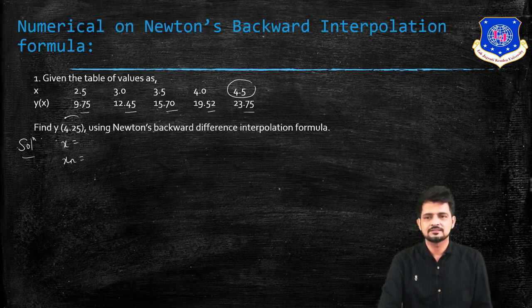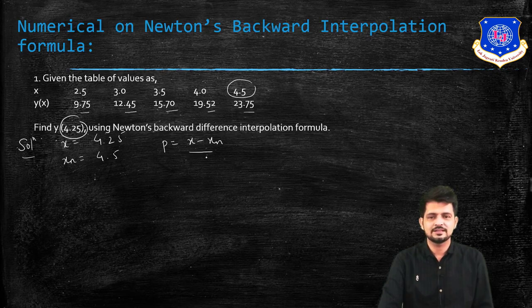Right? First of all, we are writing here x and xn. What is our x? See, 4.25 is our x, and xn is the last value of x, so this is my xn. Okay, what is the formula to find p here? x minus xn upon h. What is the value of h? You can see here the difference in the values of x, that is 0.5.